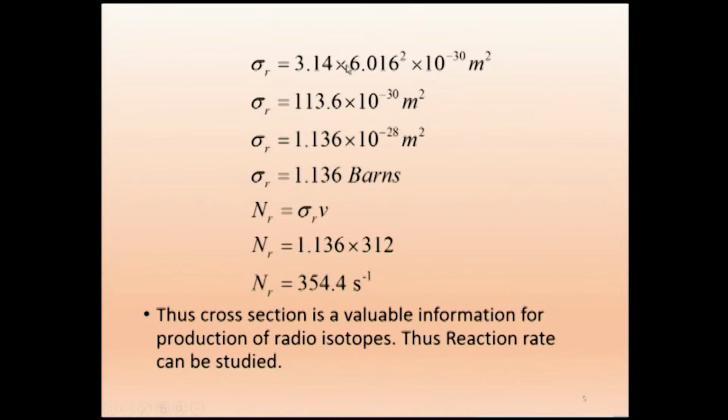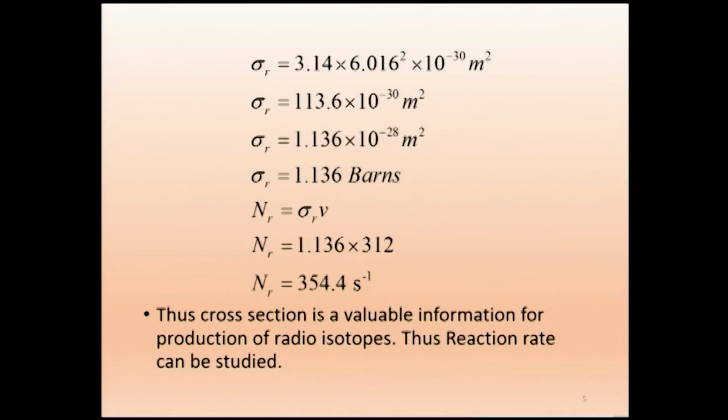Sigma equals pi times radius squared, which comes out to 113.6 into 10 power minus 30 meter squared. Shifting the decimal point, we make it 10 power minus 28, because 10 power minus 28 meter squared corresponds to one barn. That is the conventional standard way of expressing nuclear cross section. So sigma r equals 1.136 barns.